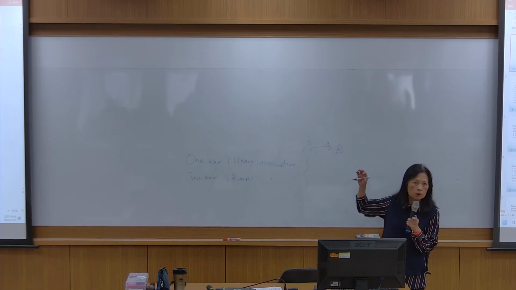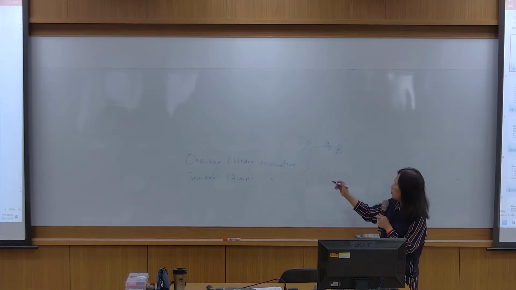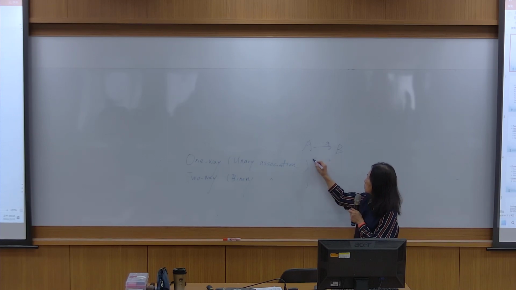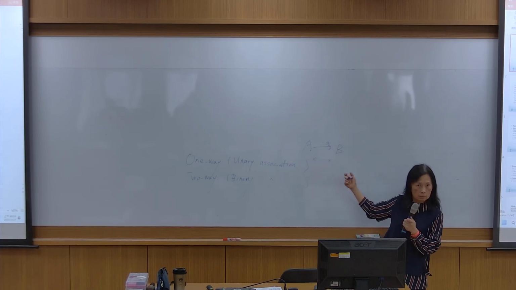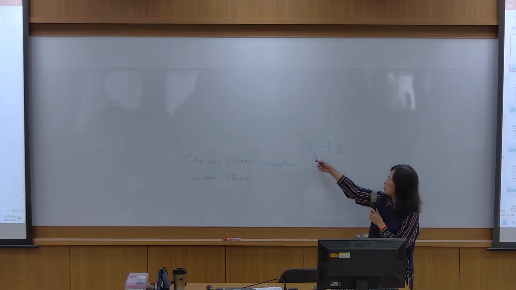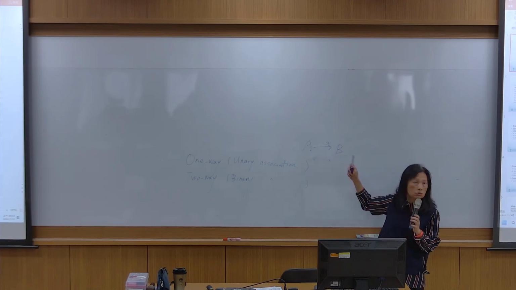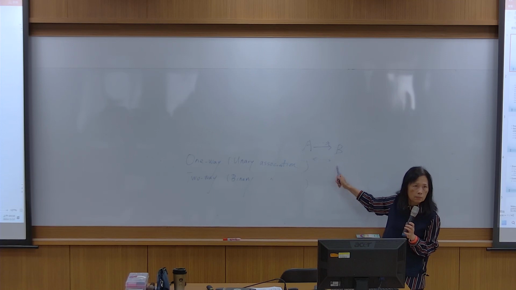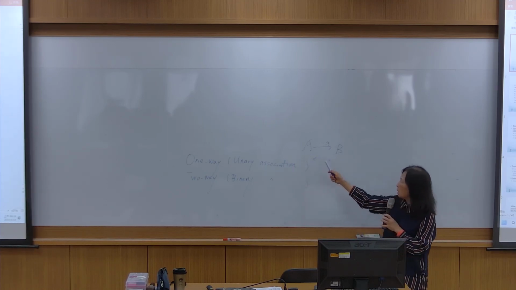So B's power is over A. If it's binary, then B might also ask A, so A depends on B and B on A. So if A depends on B, A needs to know B, but not the other way. B doesn't need to know A.